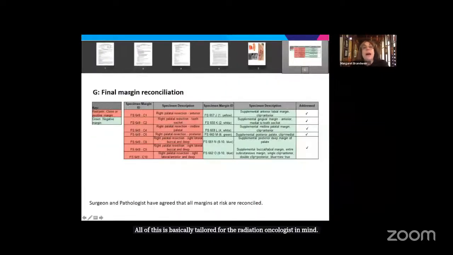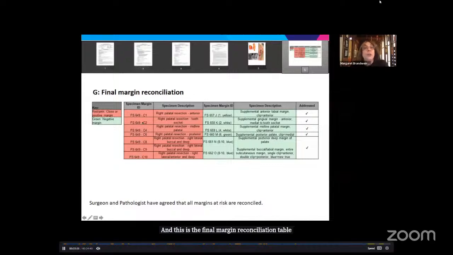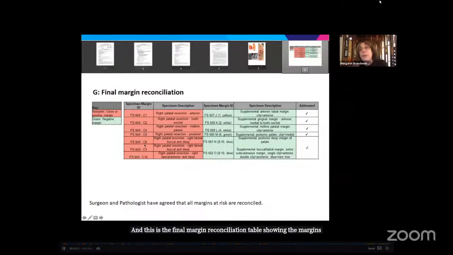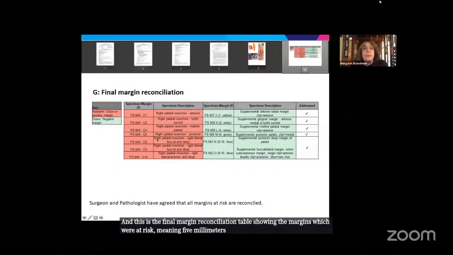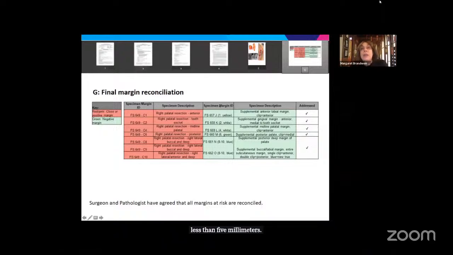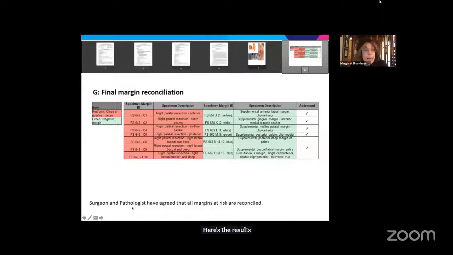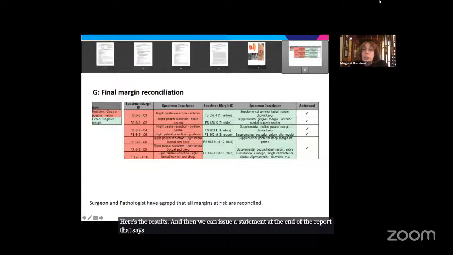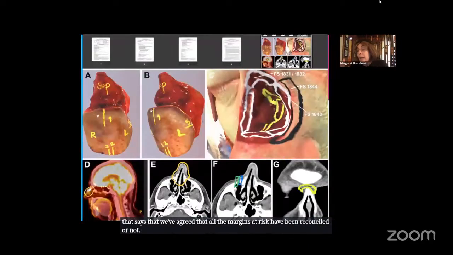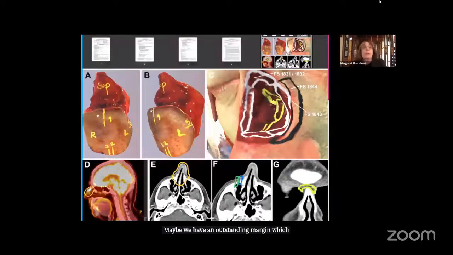And this is the final margin reconciliation table showing the margins which were at risk, meaning less than 5 millimeters, and the supplemental margins which were harvested in response to these margins at risk. Here are their results. Then we can issue a statement at the end of the report that says that we've agreed that all the margins at risk have been reconciled or not. Maybe we have an outstanding margin which could not be reconciled.